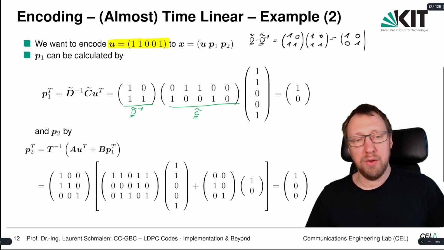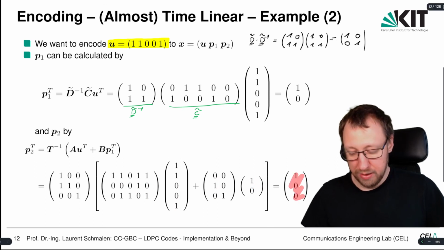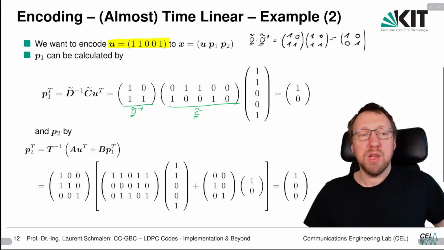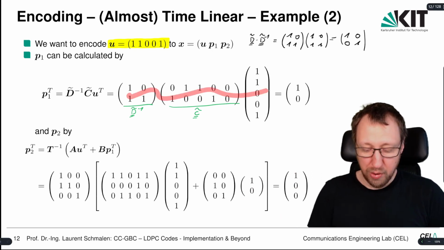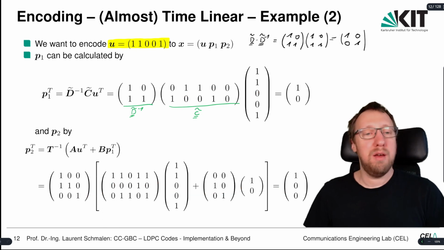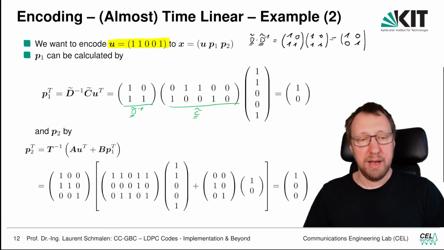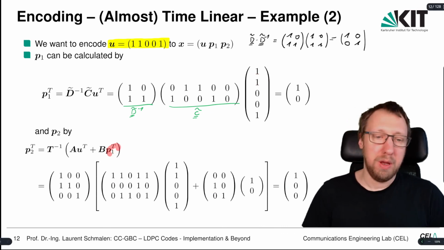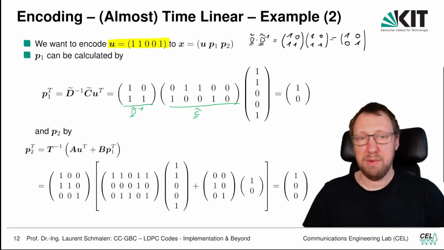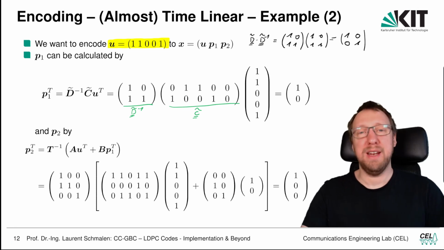And that's how you get P2. And P2 is 1, 0, 0. So we have our code word. And actually you can calculate both of these in parallel because by inserting, you could also insert U here. Here we did it by inserting P1 because it saves us some multiplication if you want to do it on pen and paper.